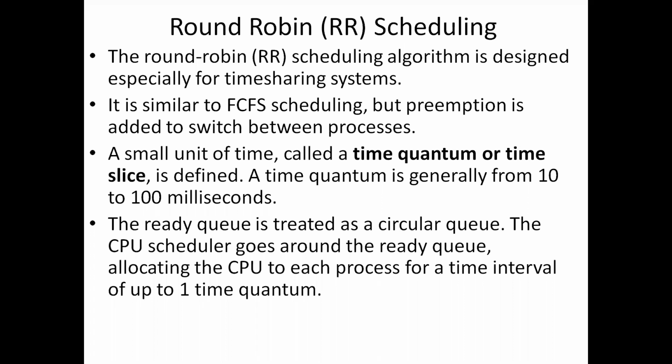After completion of one round, the process which came first to the ready queue will again get one time quantum of CPU. The CPU executes the processes one after the other for whatever time quantum we define.